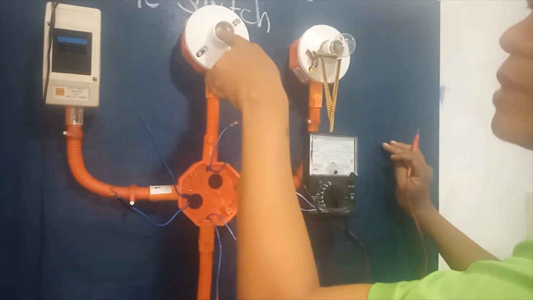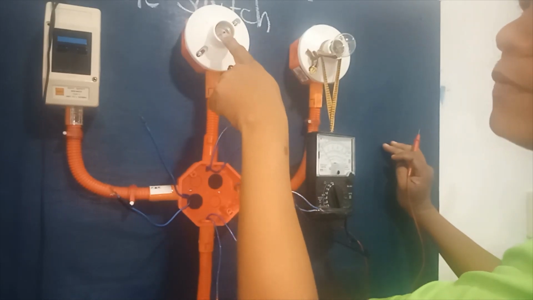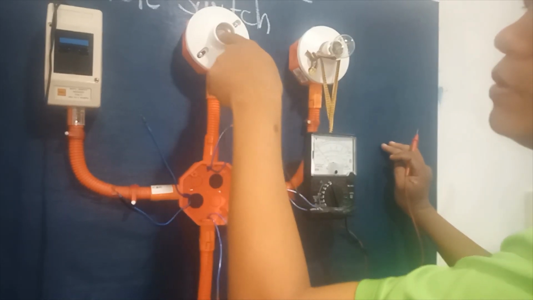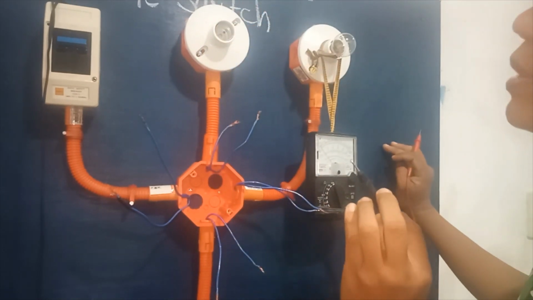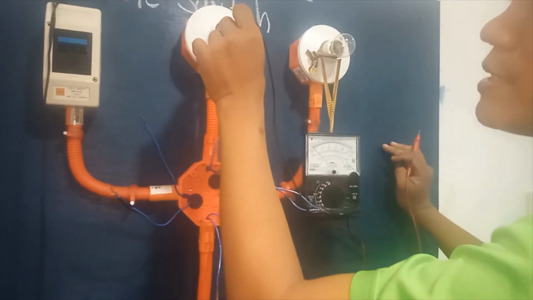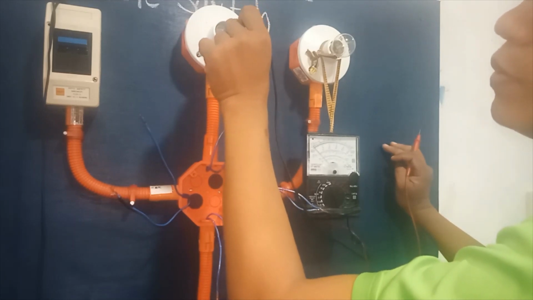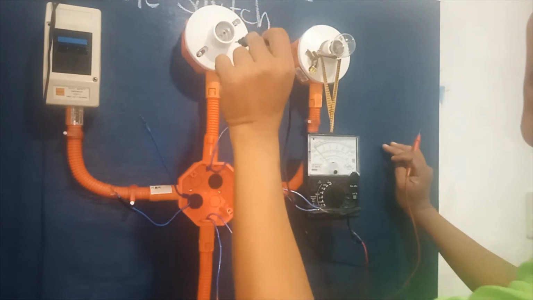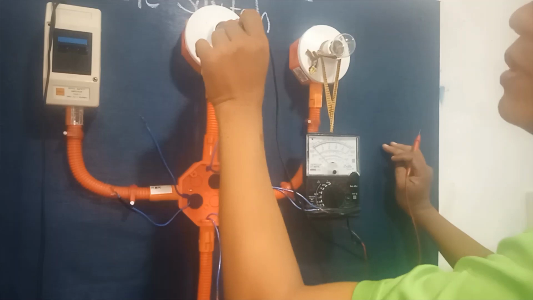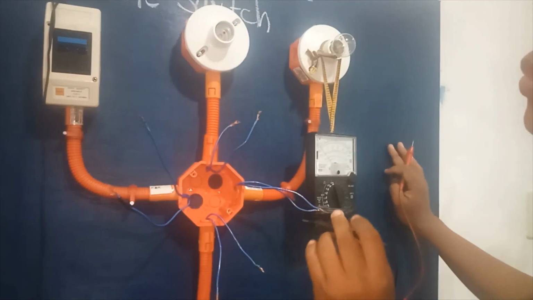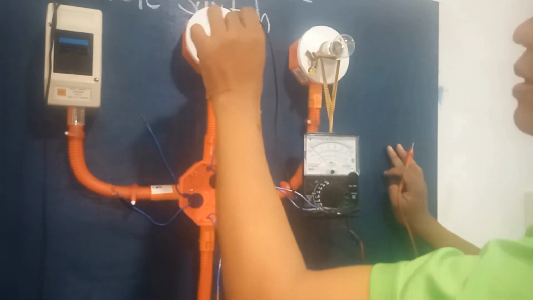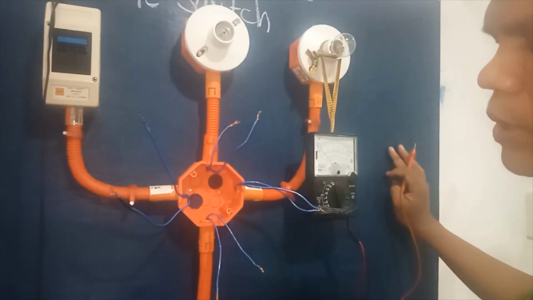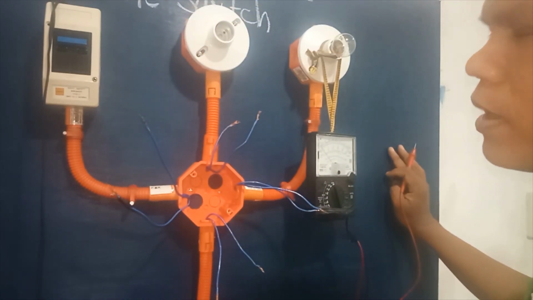So automatic itong outer part ng ating screw shell, yung parang aluminum, yun yung ating neutral connections. At yung nasa center conductor, yung parang bronze ang kulay, parang copper wire, automatic yun ang load side ng ating connections patungo doon sa ating control device.